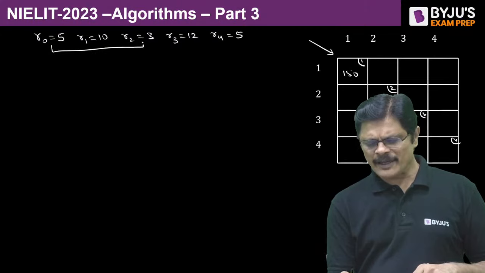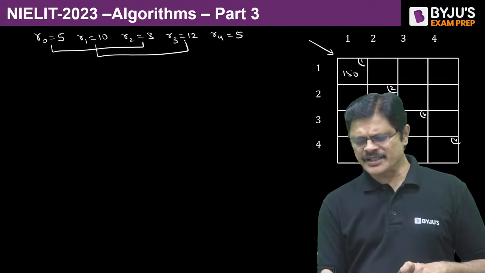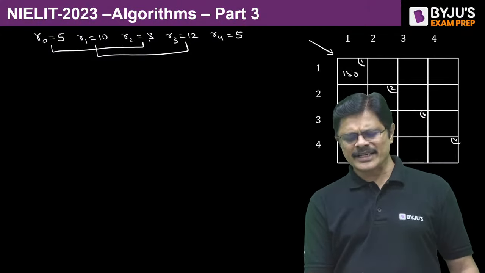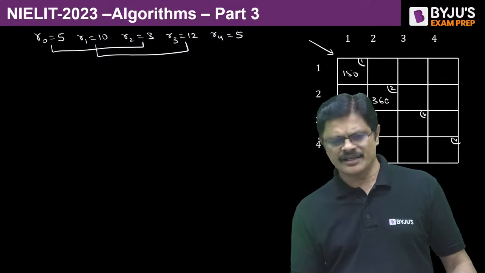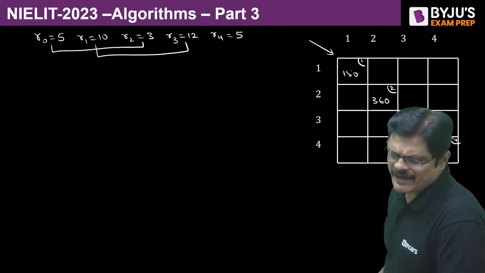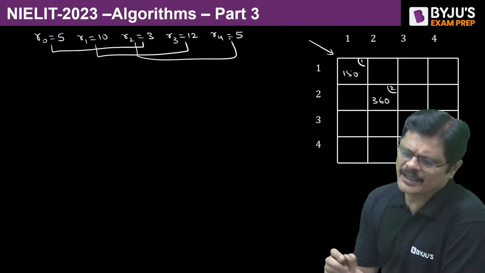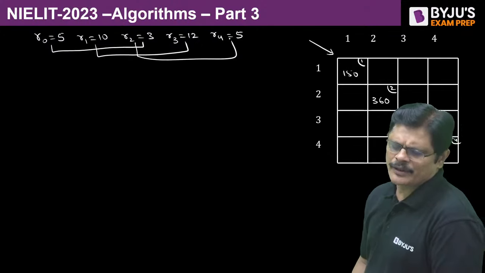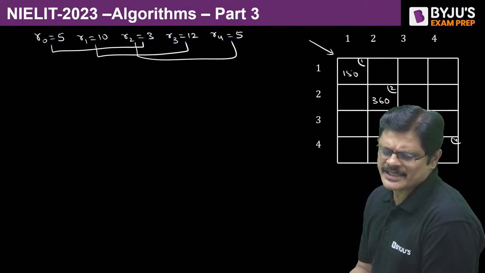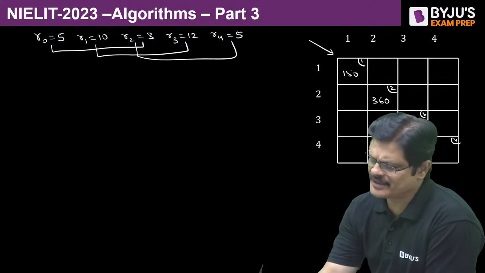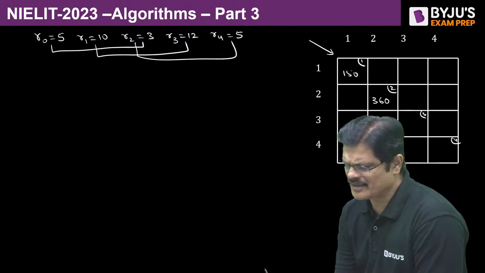First three you multiply, that is this value. Next three you multiply, that is 12 times 3 is 36, into 10, 360. Next three values you multiply, that is 3 times 12 is 36, 36 times 5 is 180. What happened?